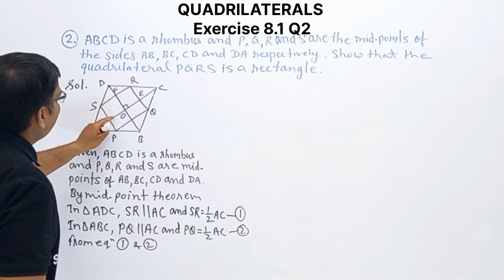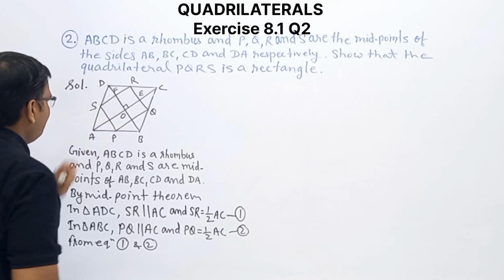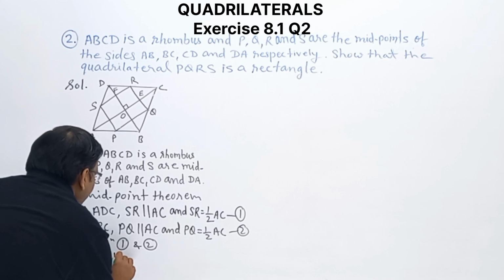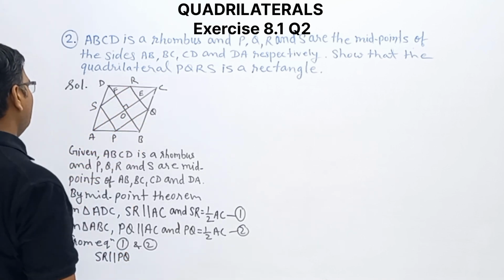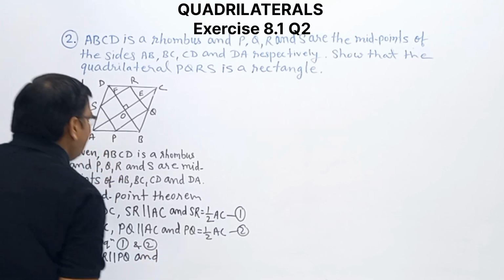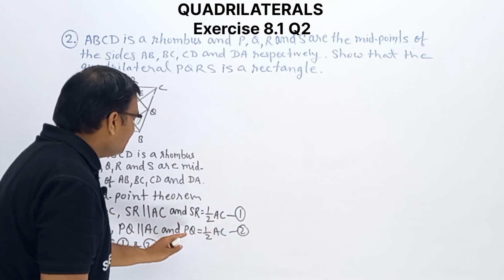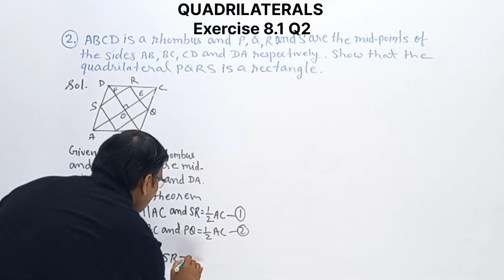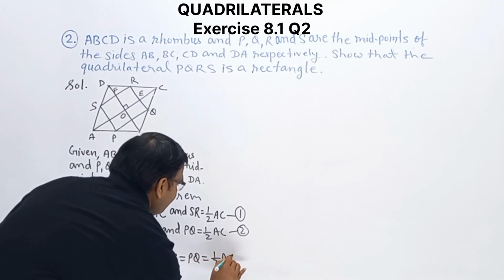This is parallel to this one, and this one is parallel to this one, so SR is parallel to PQ. And SR equals half of AC and PQ is half of AC, so SR equals PQ equals half of AC.